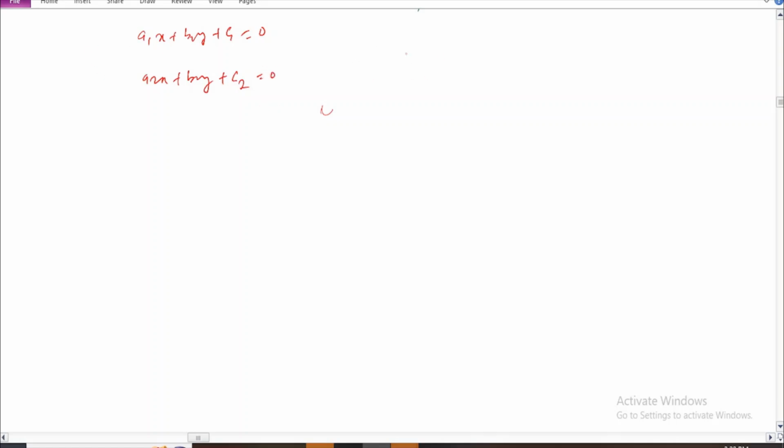These lines are intersecting at a particular point, right? Our task is to find the bisectors of the acute and obtuse angles, right? There are several steps to find the obtuse angle bisector and the acute angle bisector, right?